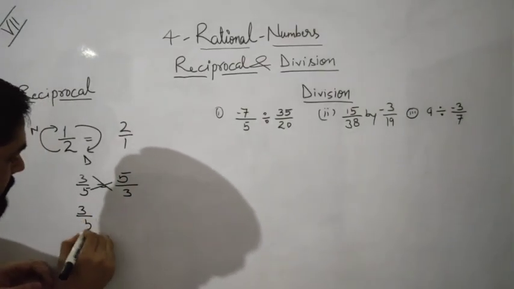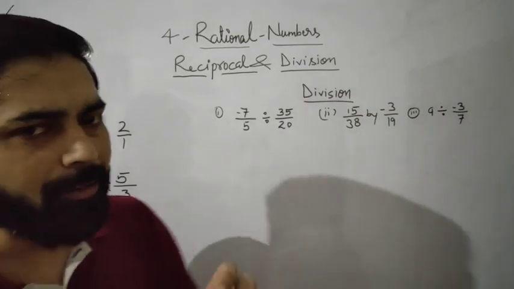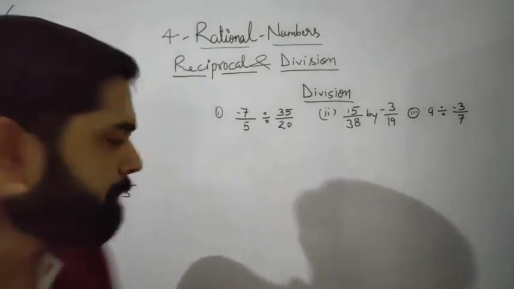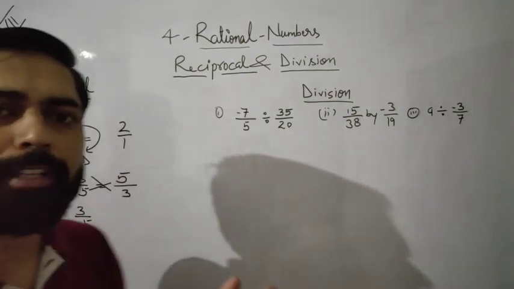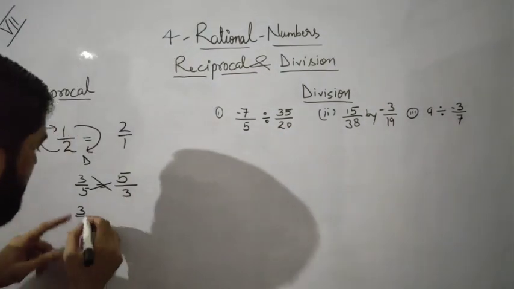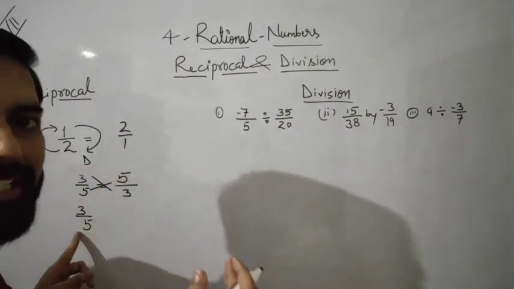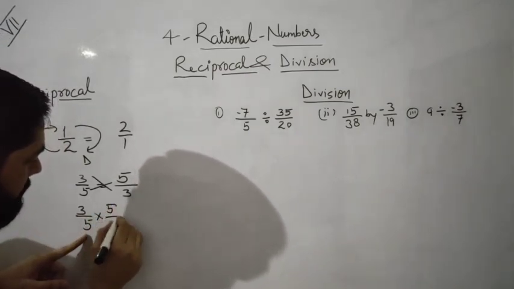And one interesting thing here is, if you multiply a number by its reciprocal, you always get 1. So if you multiply 3 upon 5 by its reciprocal, what do you always get? 1. The reciprocal of 3 upon 5 will be 5 upon 3.